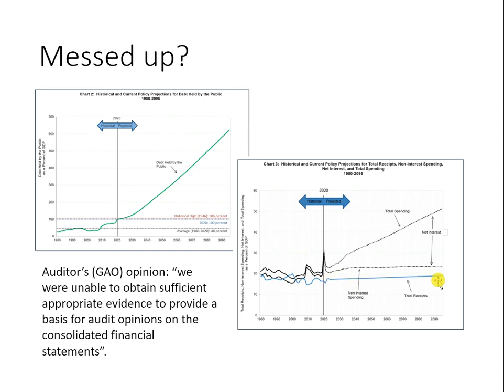Total spending, non-interest spending, will be much higher than the total receipt, and even worse, because we have a lot of borrowing, the net interest will be rising quickly for the next 75 years, and the gap between the total spending and the total receipt will be huge.